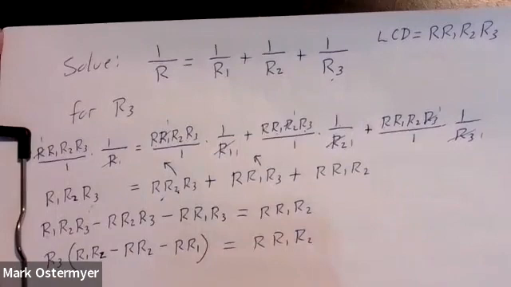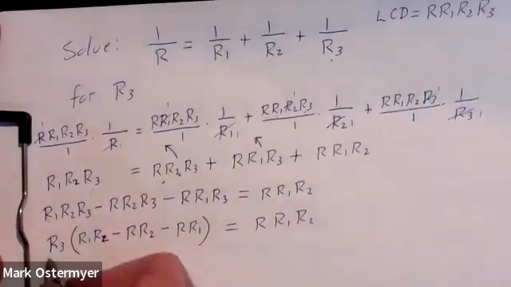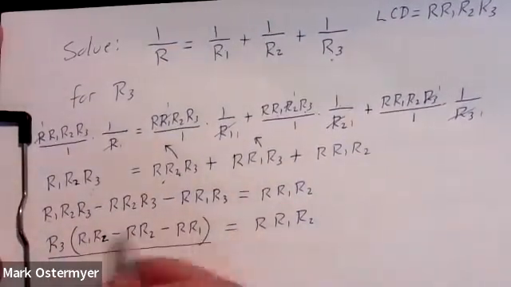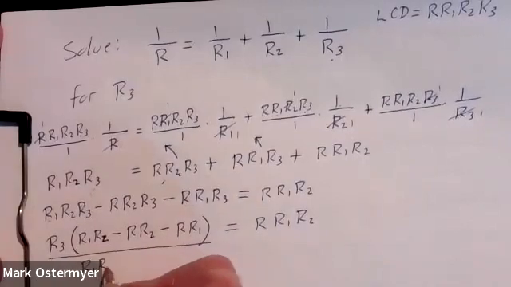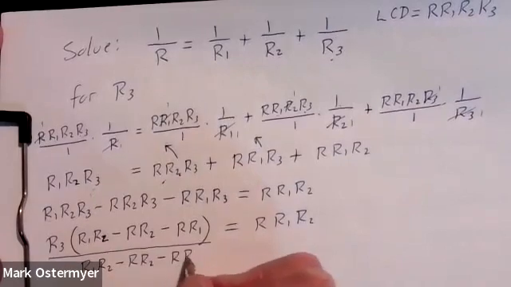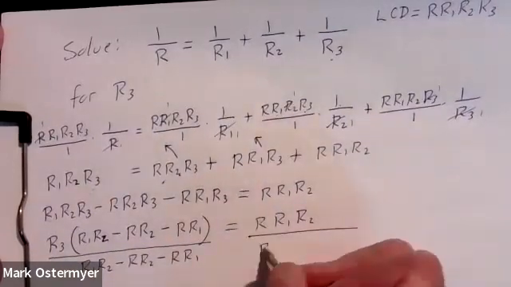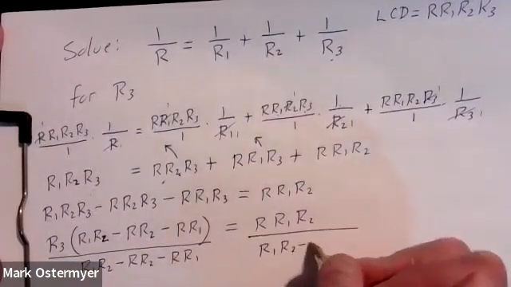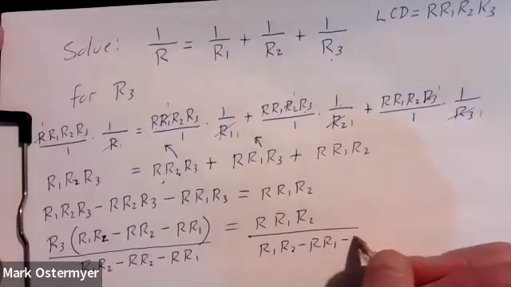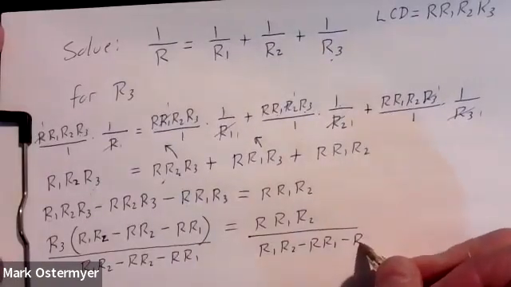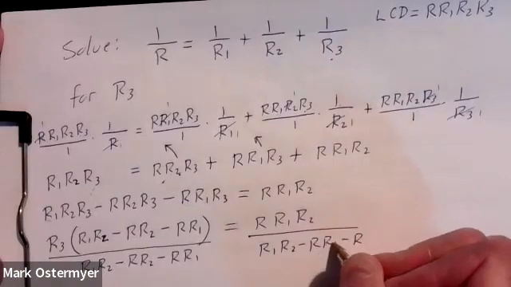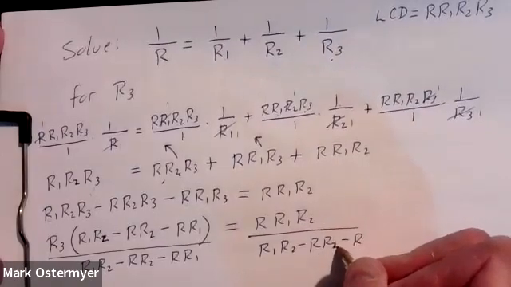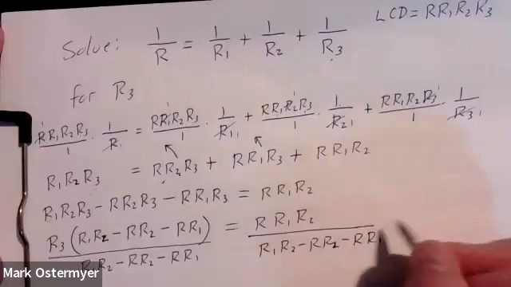Finally, to solve for R3, I have to get R3 by itself. So I'm going to divide both sides of my equation by this entire factor here. You got to divide the right side by the same thing, though. There we go.